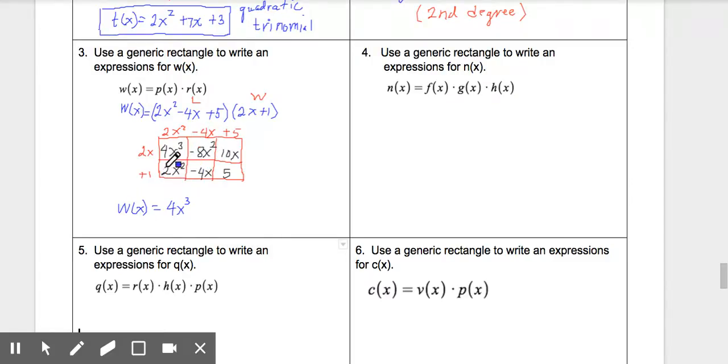Negative 8x squared plus 2x squared is going to give us negative 6x squared. Then x squared will be followed by x, and we have 10x and a negative 4x. So 10x minus 4x is positive 6x. And lastly, we will have the constant term, which is plus 5. This is w of x.